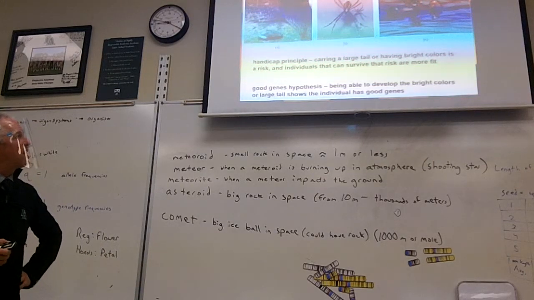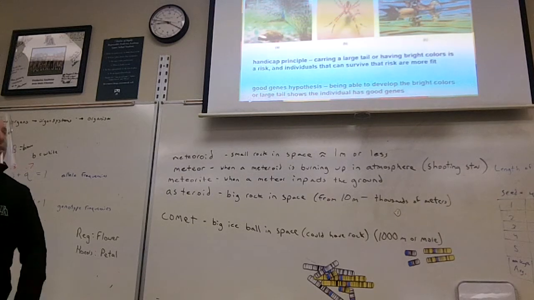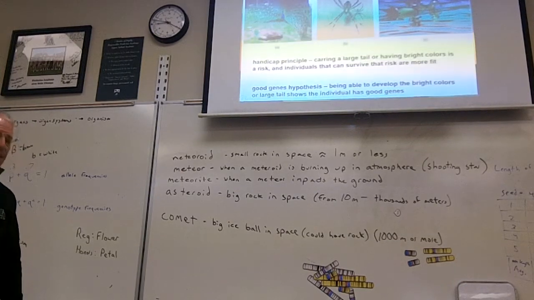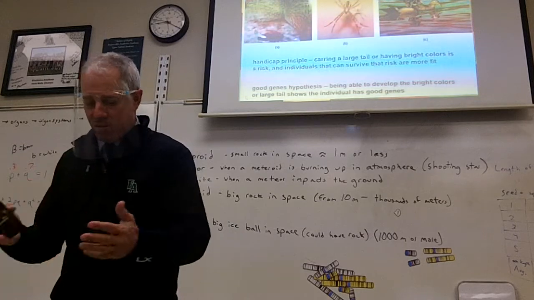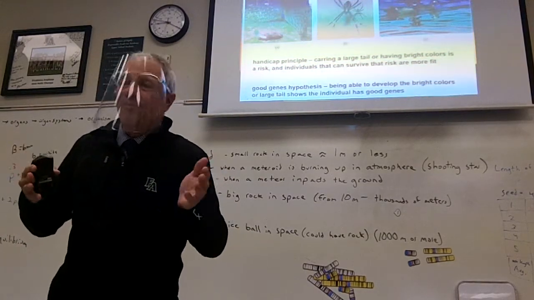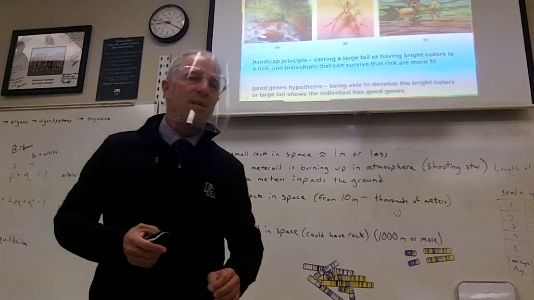And it's all part of sexual selection. You want to mate with someone who has good genes. And if an organism sees another that doesn't look right, something's off with them, that's a signal that they don't have good genes.